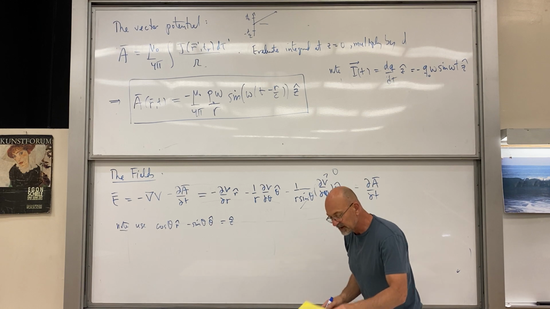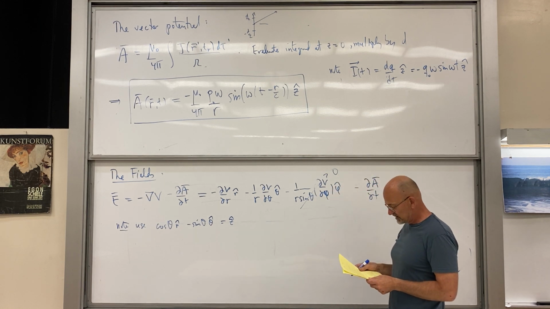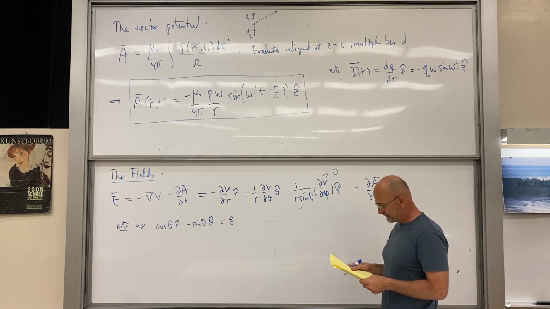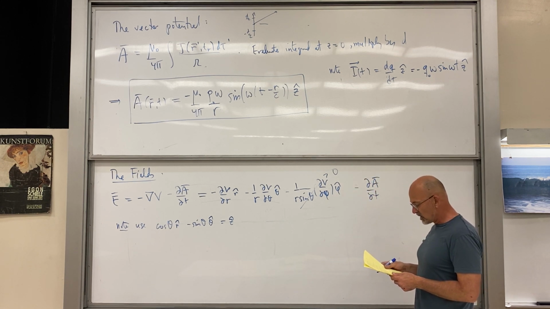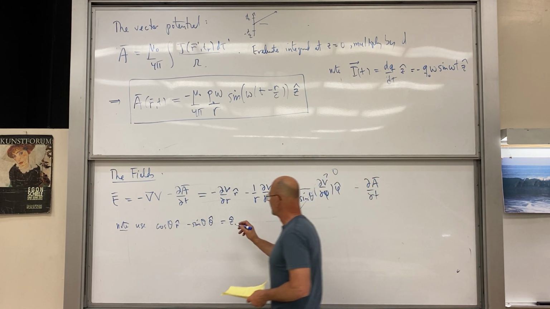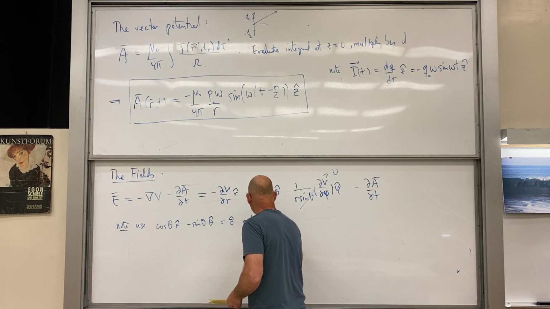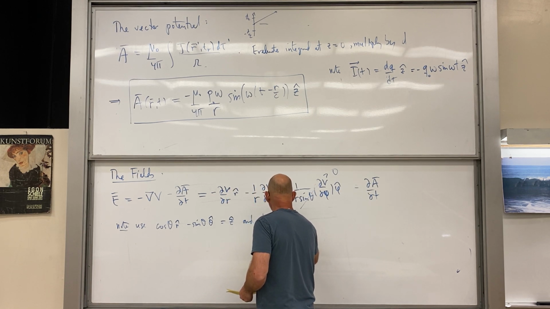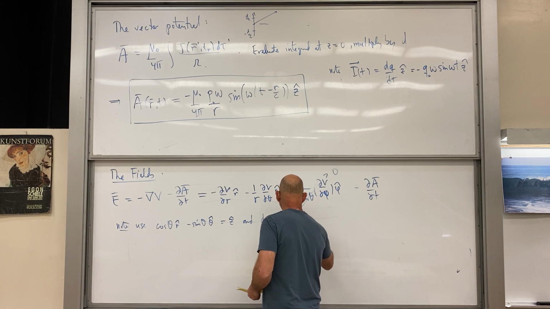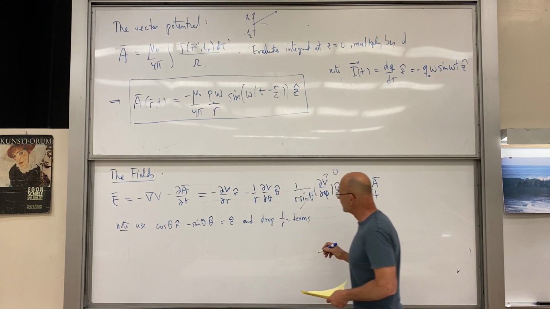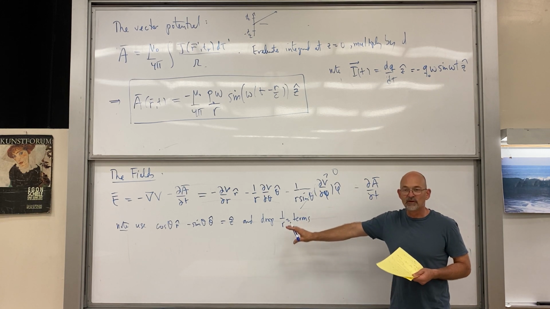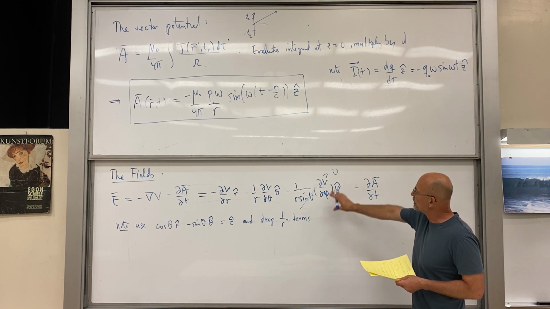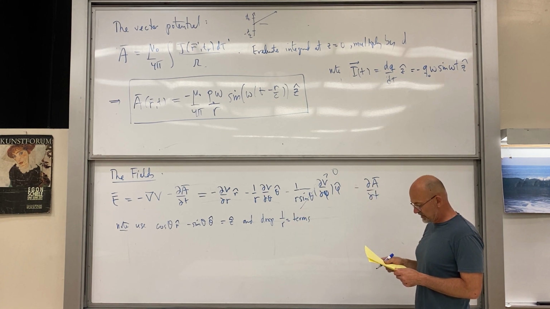I think that's the main tricky point. And we also use this and drop 1 over r squared terms, because again, they're going to die away. They're not going to be the radiation terms. There will be some terms of that type.